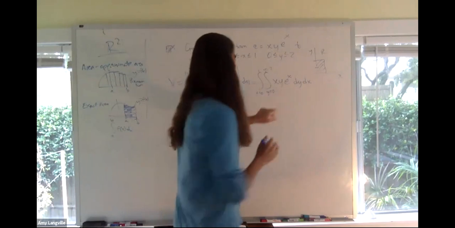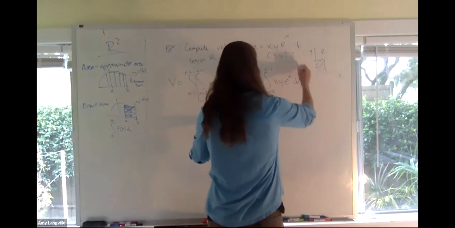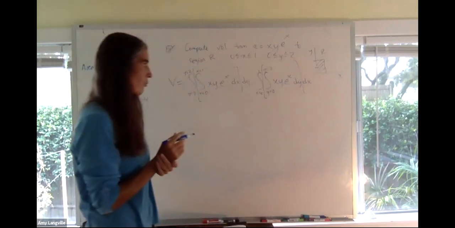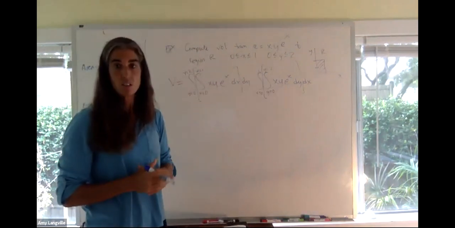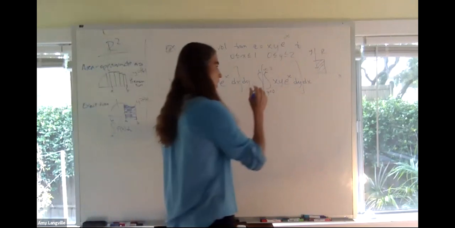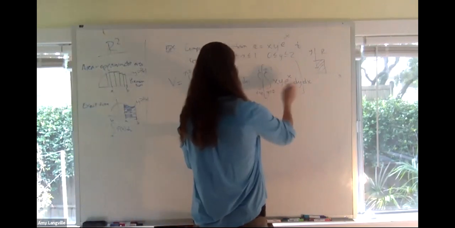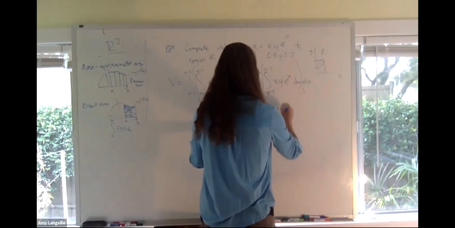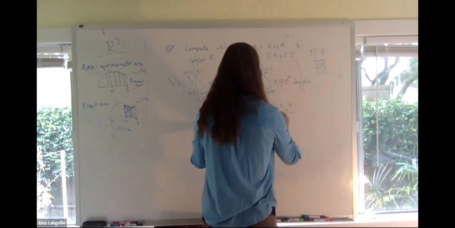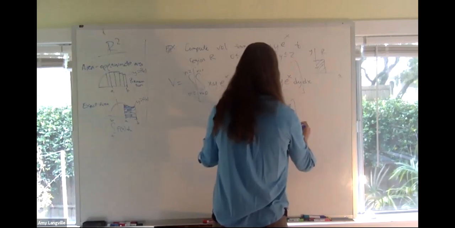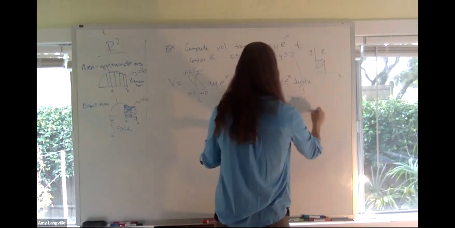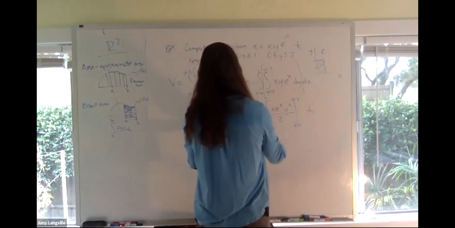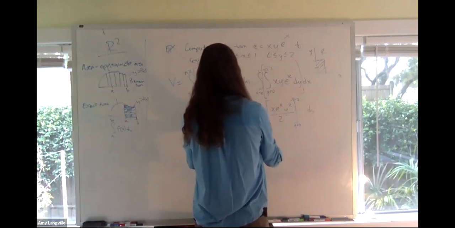Okay, so I integrate this now with respect to y, working from the inside out of this iterated integral. With respect to y, this x and e to the x, they're just constants, no problem. So I just need to integrate y. That'll be y squared over 2 times this special x e to the x constant. And then I need to evaluate that, y goes from 0 to 2. And don't forget, you still haven't done anything with the x's, so make sure you just carry those along. x goes from 0 to 1.